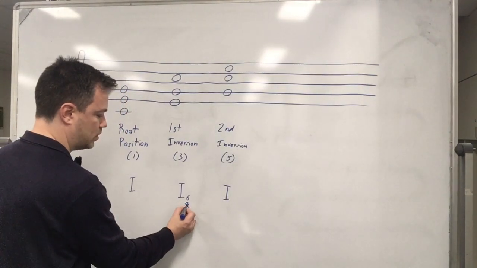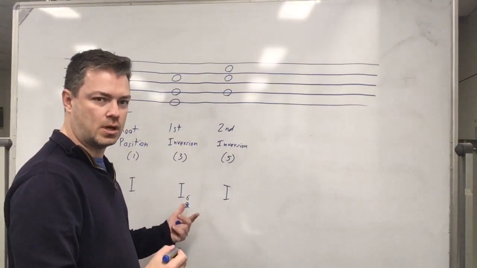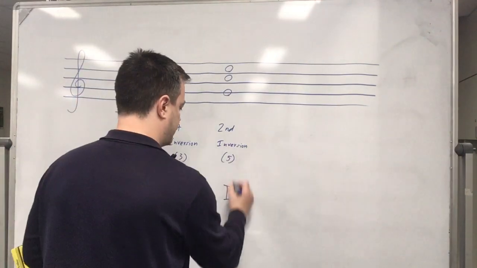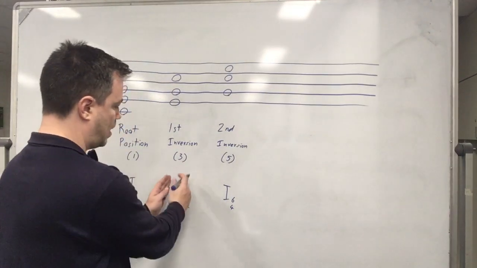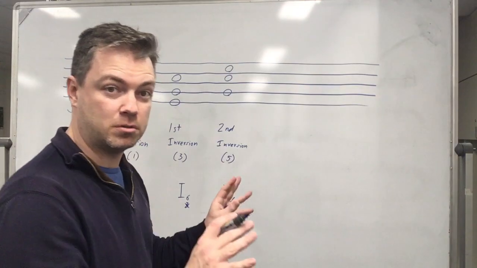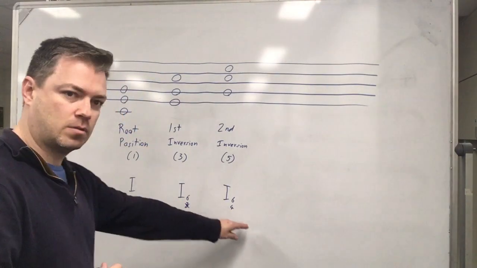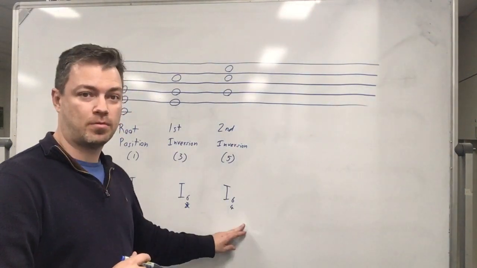So I'm going to put a little cross through the 3, but it is 6-3, and I'll explain that in a tick. But we often just put 6, and for second inversion we have 6-4, and we don't put it right next to the Roman numeral. You can see I've put it as subtext. I think that's the official name of that sort of positioning. Cool. Let's explain and work out where these numbers come from.